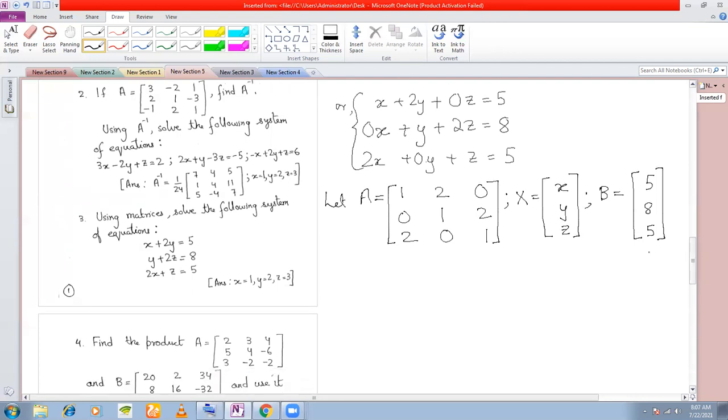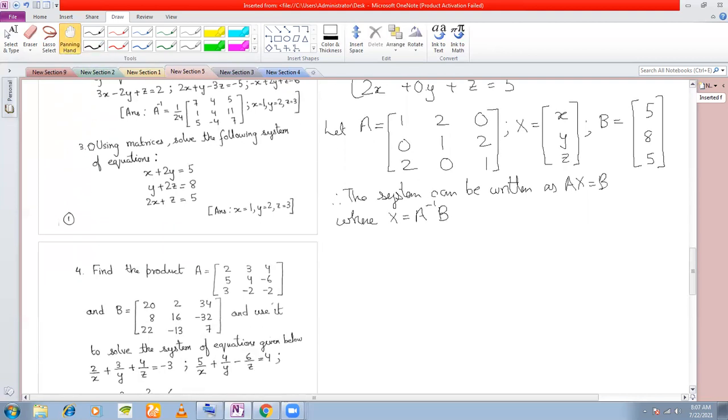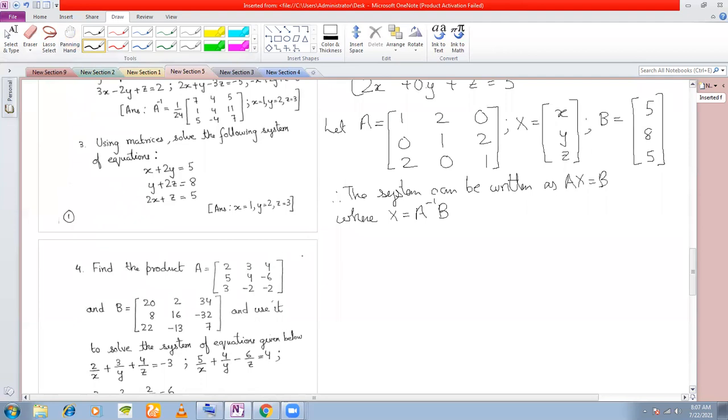Okay. Therefore, the system can be written as AX is equal to B, where X is equal to A inverse B. So we proceed to find out A inverse first.